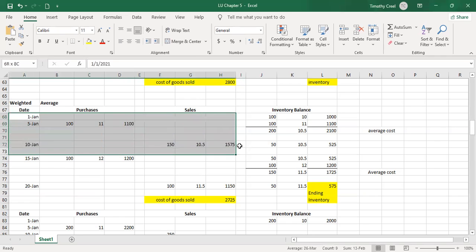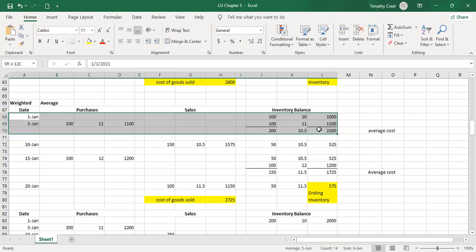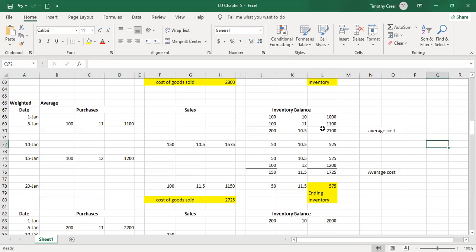Notice that we start off with our beginning inventory, 100 at 10. Then we purchase 100 at 11. So everything is the same here as the other two examples. Now, there's one thing that you're going to have to do when you do weighted average. Every time you purchase new inventory, you've got to come up with your new average cost.